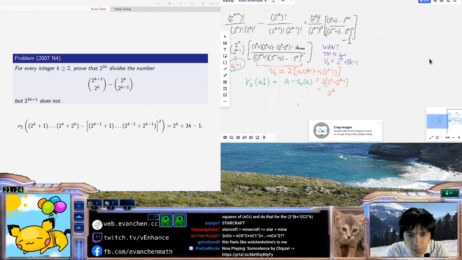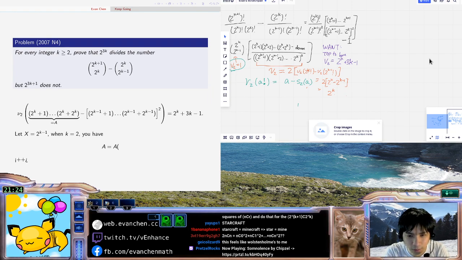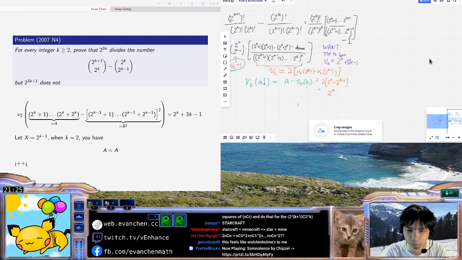I'm going to call the thing inside the brackets b. I'll just call it b, and then if I need to refer to the thing inside, I'll call it square root b.